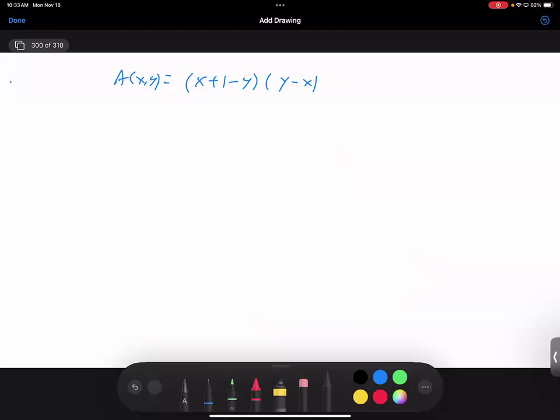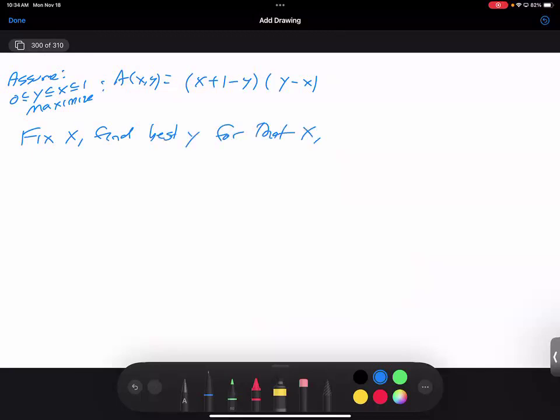So we will assume 0 less than or equal to y less than or equal to x less than or equal to 1. We want to maximize the following. Well, let's fix x and find the best y for that x.